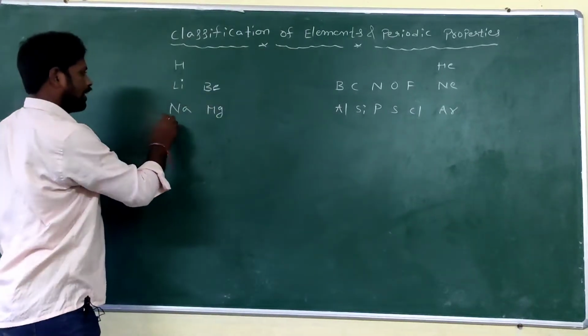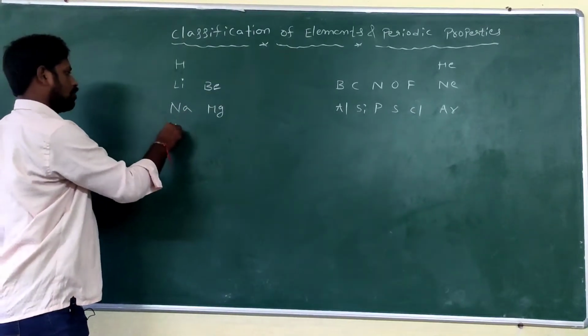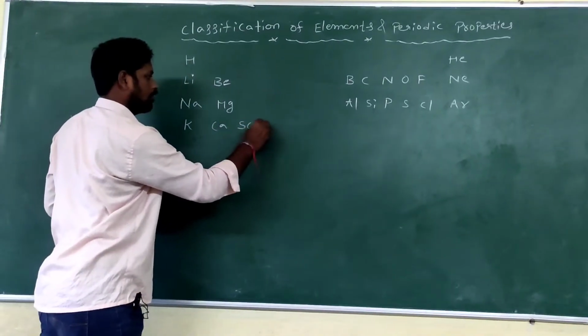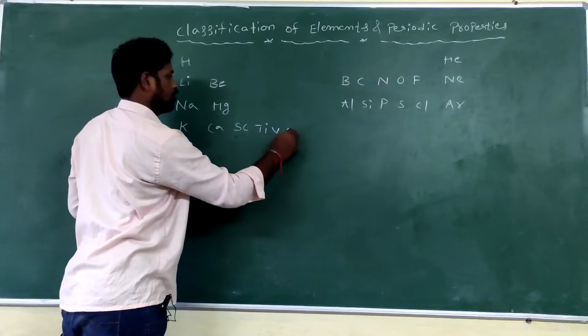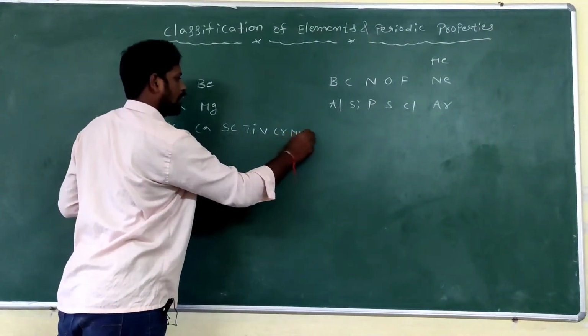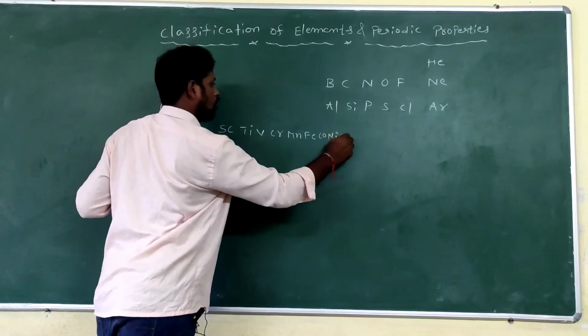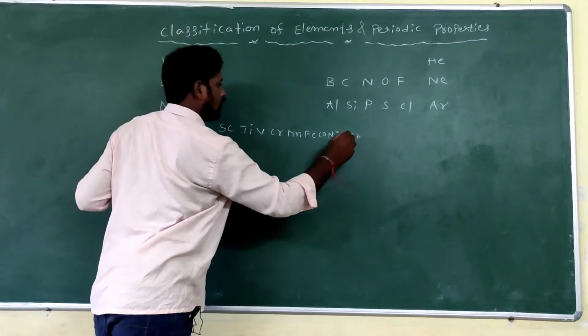After argon come potassium, calcium, scandium, titanium, vanadium, chromium, manganese, iron, cobalt, nickel, copper, zinc.